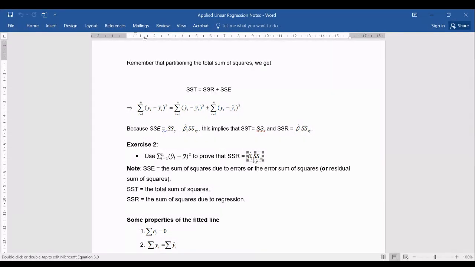So we are going to do that now. We're going to show that this part is indeed equal to beta 1 hat SSXY. So let's go to the whiteboard.